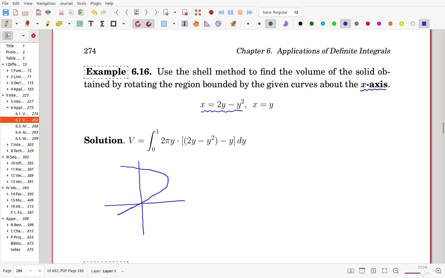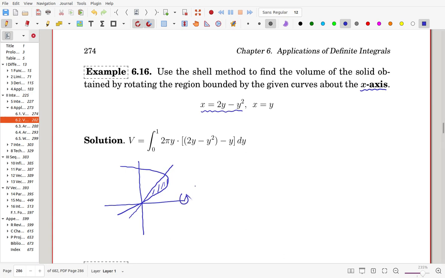Now y equals x is given here, a straight line. I'm sorry, this is a little bit ugly, so let's try one more time. That is now coming up here and passing the straight line. So that is the region that is rotated about the x-axis.